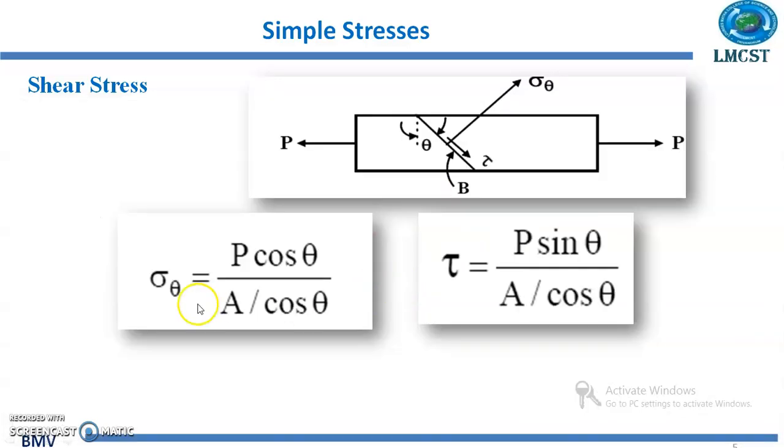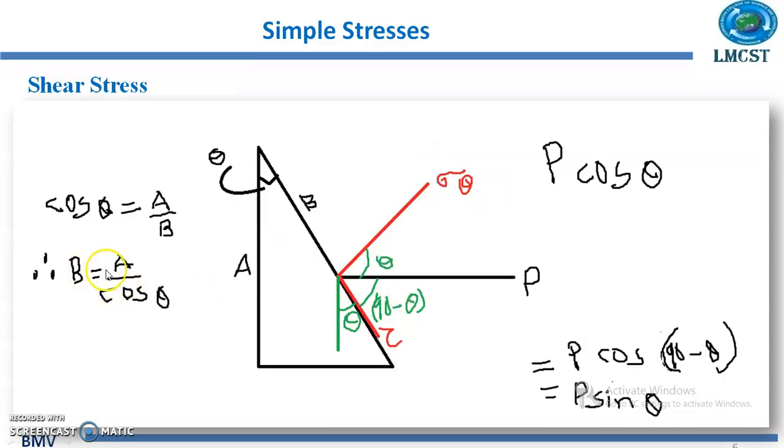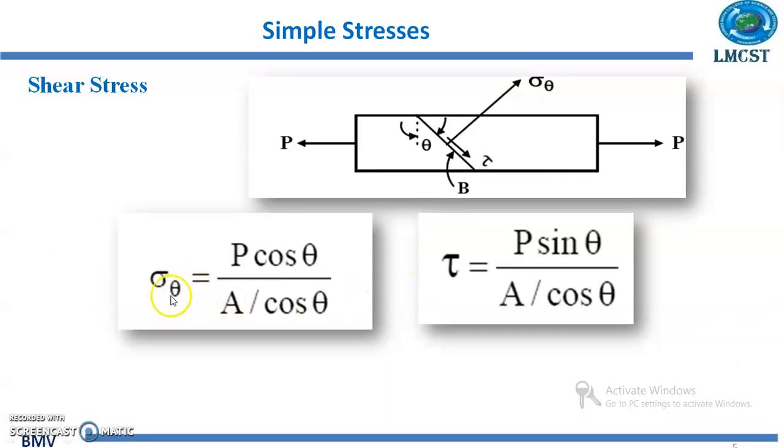So I can write sigma theta is equal to the force along the vertical direction, which is equal to P cos theta, divided by the area of cross section of this side, which becomes B is equal to A by cos theta. So that is how we are getting this value, sigma theta is equal to P cos theta divided by A by cos theta.